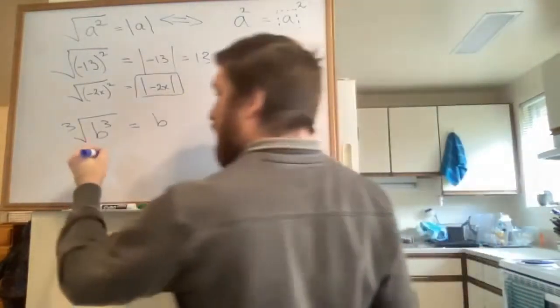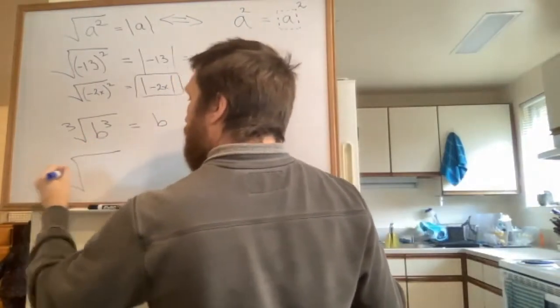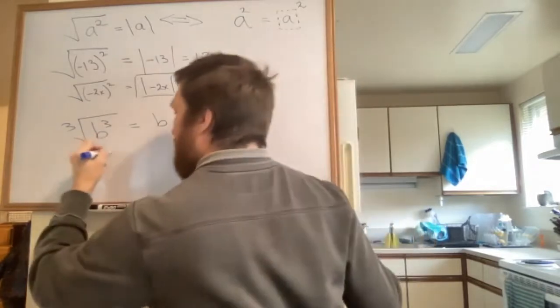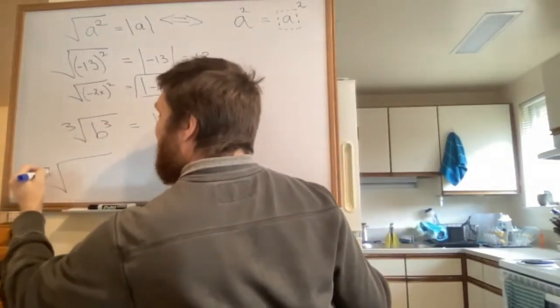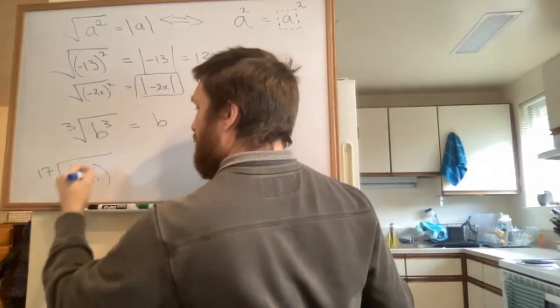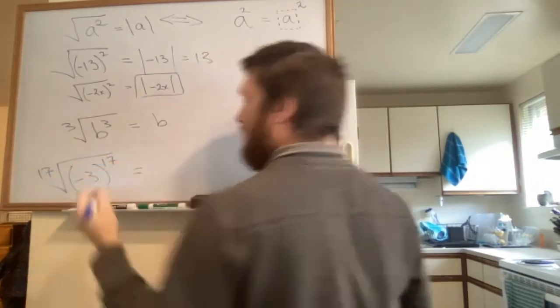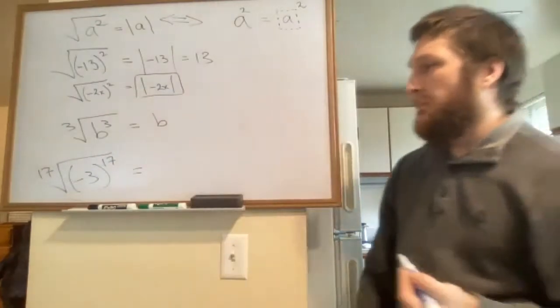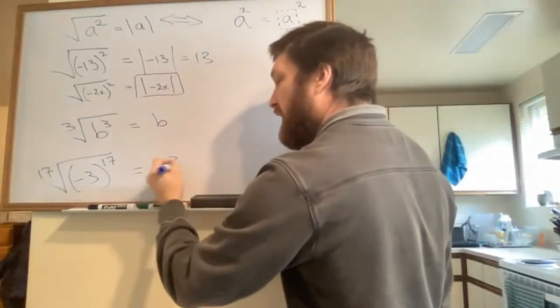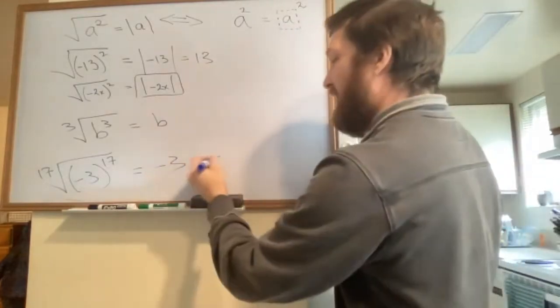It's good to go. Actually, let's make it even trickier. We're going to say the 17th root of -3 to the 17th power is what? -3. There you go. Because think about it this way.